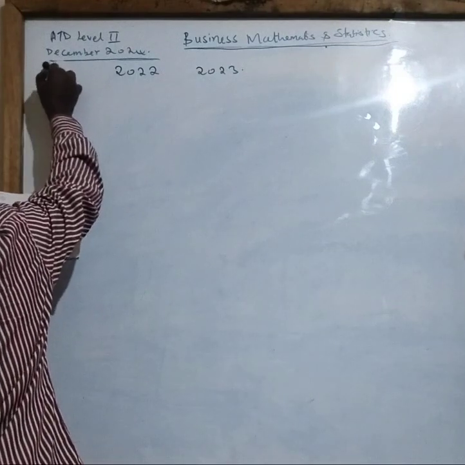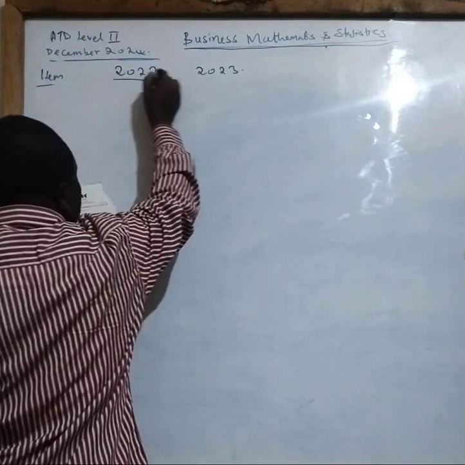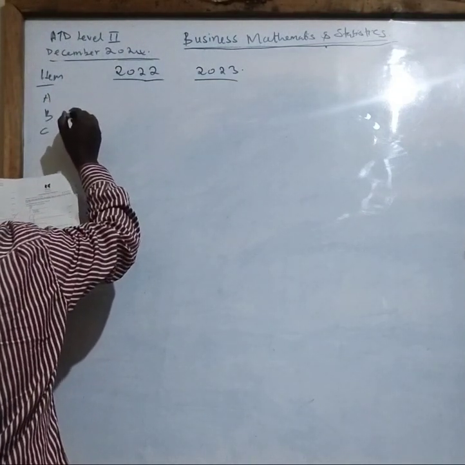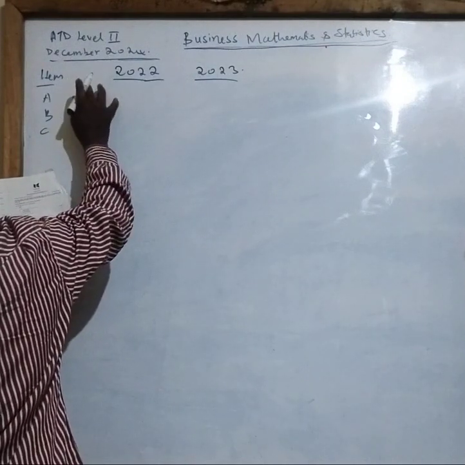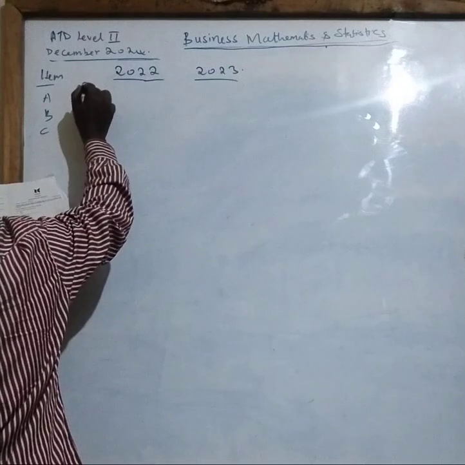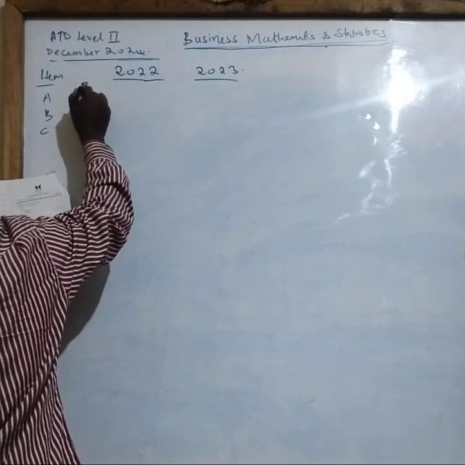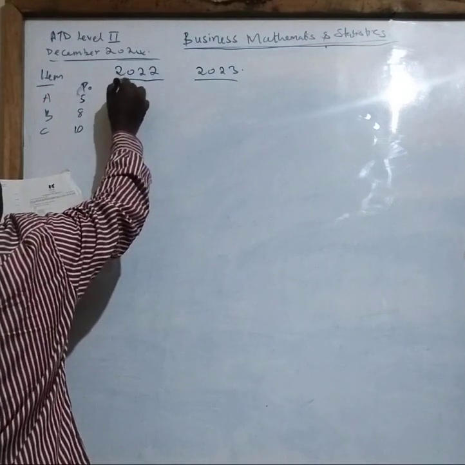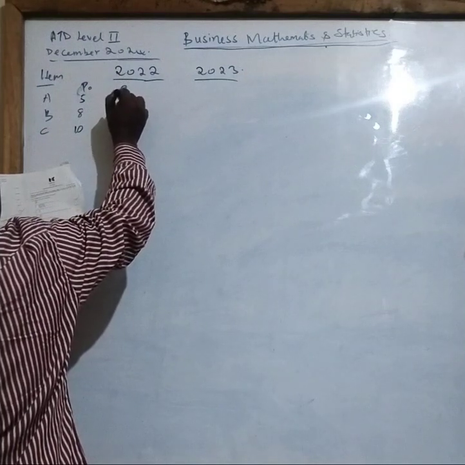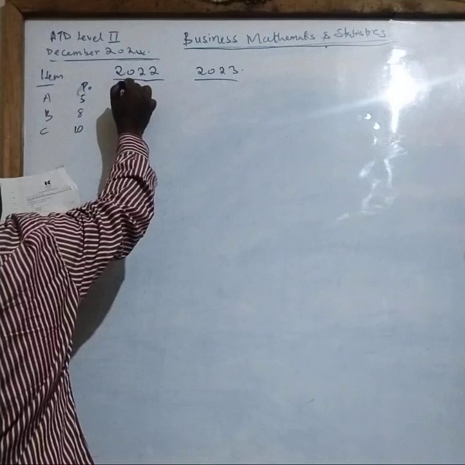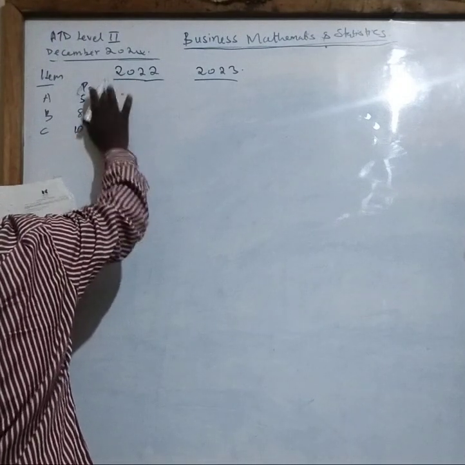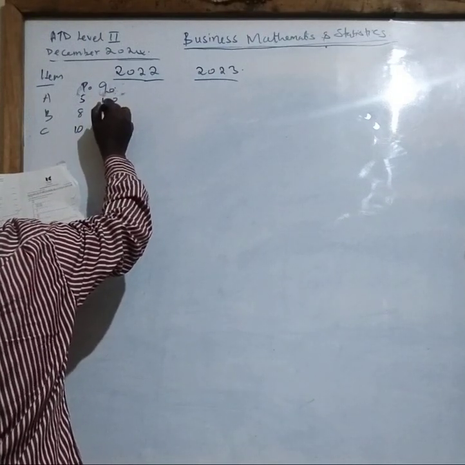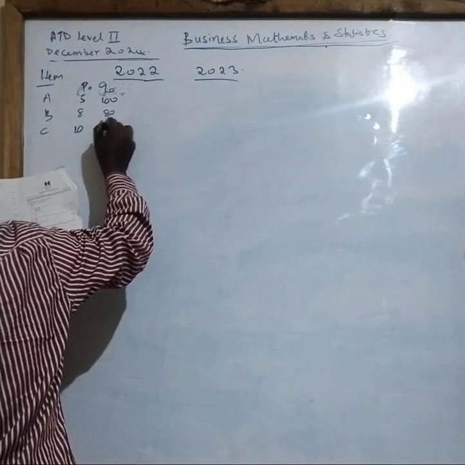So we have items A, B, C, with the price P0 being 5, 8, and 10, with the quantity Q0 being 100, 80, and 60.